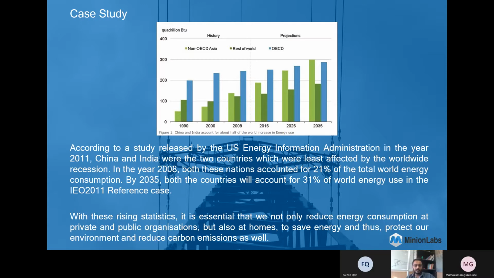By 2035, both countries will account for 31% of the world's energy use, in the 2011 reference case. With these rising statistics, it is very essential that we reduce energy consumption not only at private and public organizations, but also at homes, to save energy and thus protect our environment and reduce carbon emission and GHG gases.